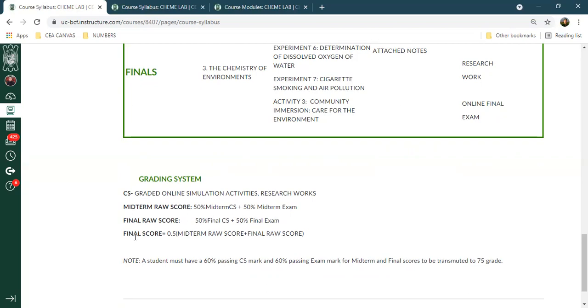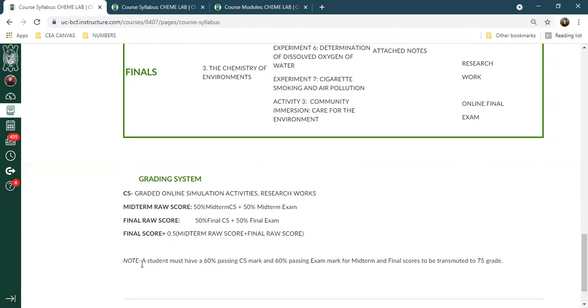To get your final score, you add the midterm raw score and final raw score and divide by 2, I mean 50% of the midterm raw score plus 50% of the final raw score. Whatever value we get here will be transmuted to the equivalent final grade.